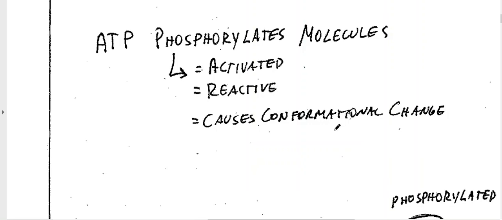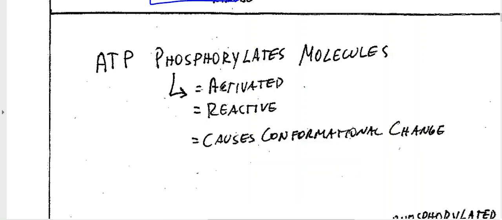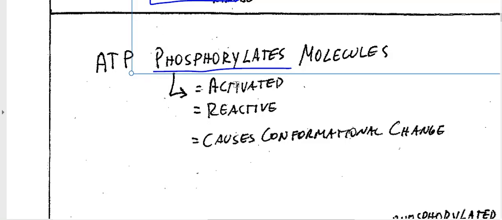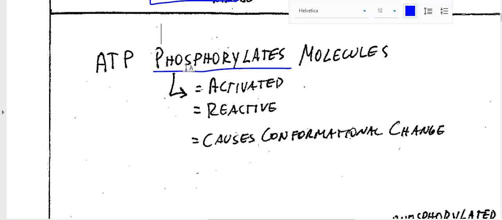All right, so let's talk about ATP in action, right? So what does ATP actually do with all of its newly found energy? Well, it's going to do something called phosphorylating, and this is called phosphorylation. When you say a molecule has been phosphorylated, you're basically saying that it's had a phosphate group added to it. Phosphorylation is the action of phosphorylating.